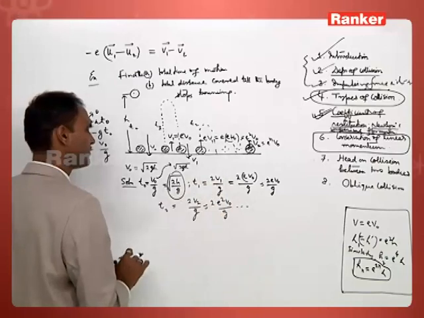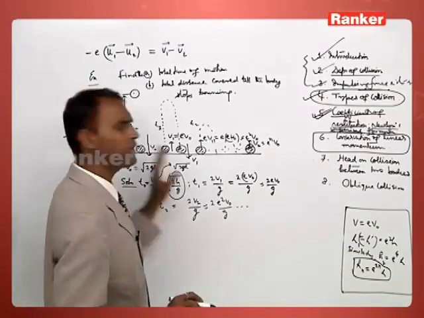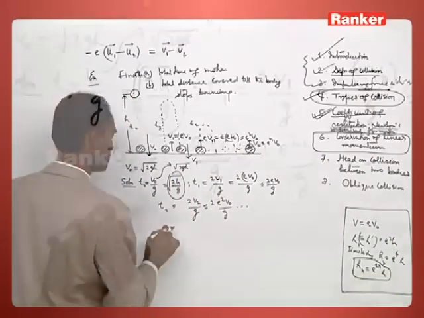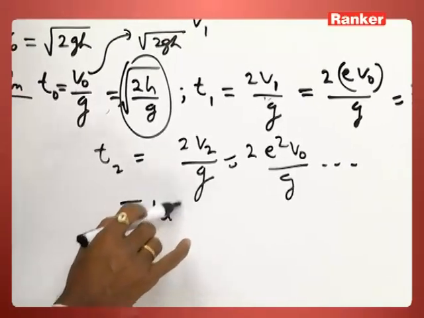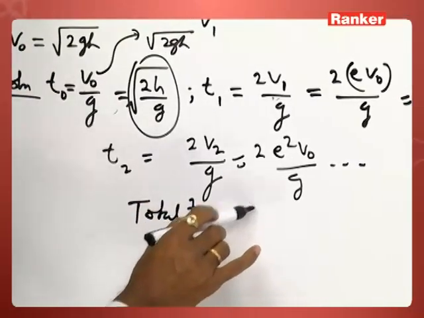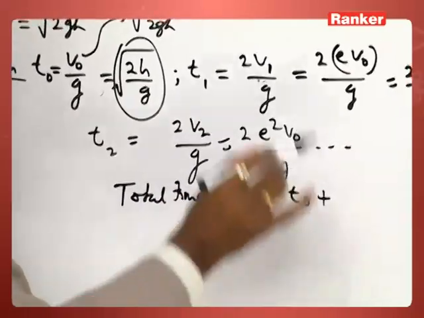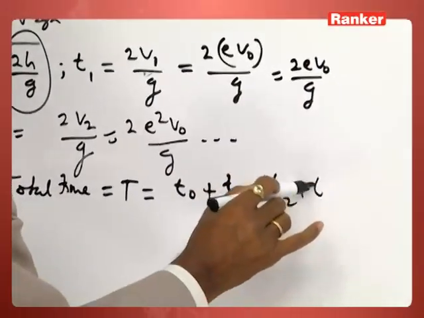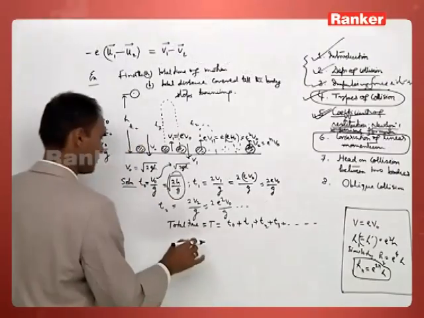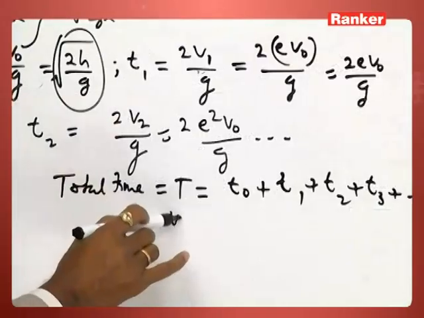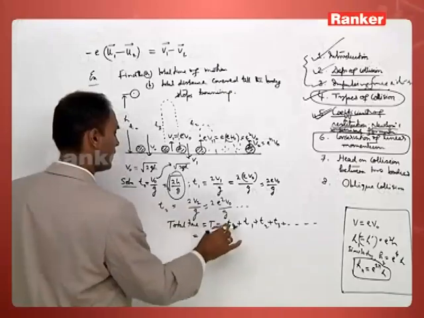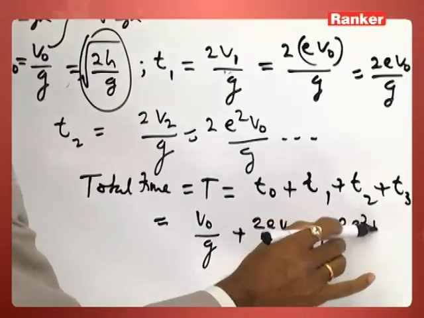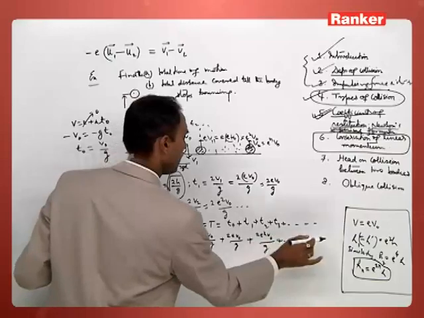Adding all the times till countless, innumerable collisions take place, the total time can be written as t is equal to t0 plus t1 plus t2 plus t3, and so on. So t0 equal to v0 by g, t1 equal to 2e into v0 by g, t2 equal to 2e square v0 by g, and so on.